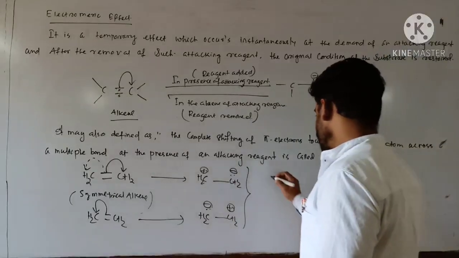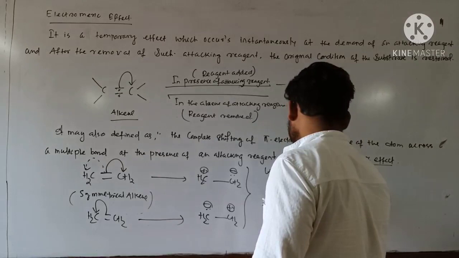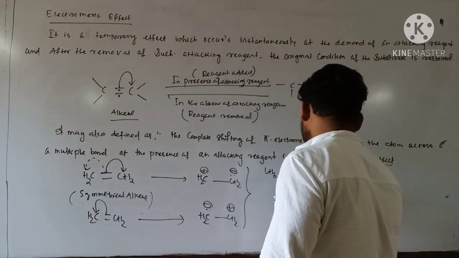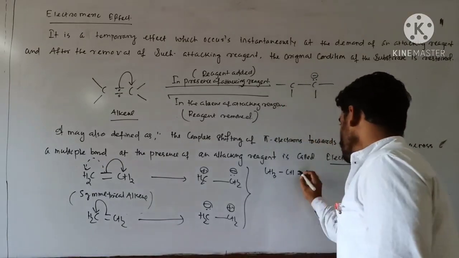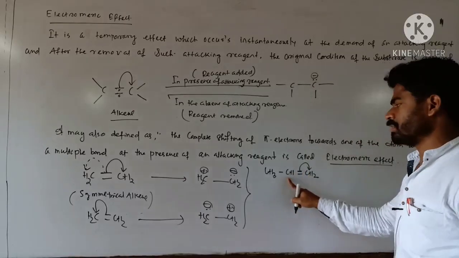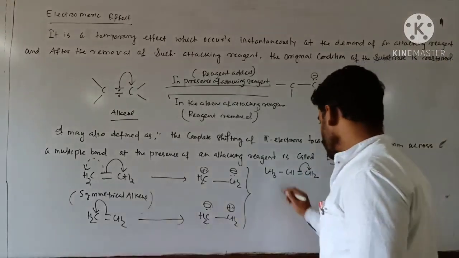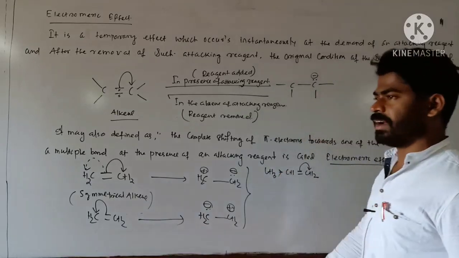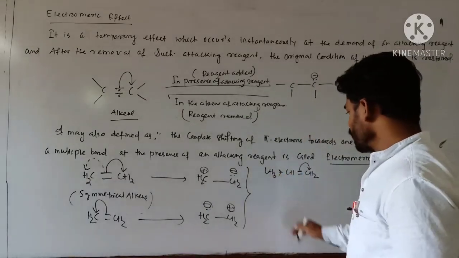But in case of propene, CH3 CH double bond CH2, the pi electron shifting takes place towards this carbon atom, not this carbon atom. Why? Because of the flow of electrons due to the plus I effect of the methyl group.